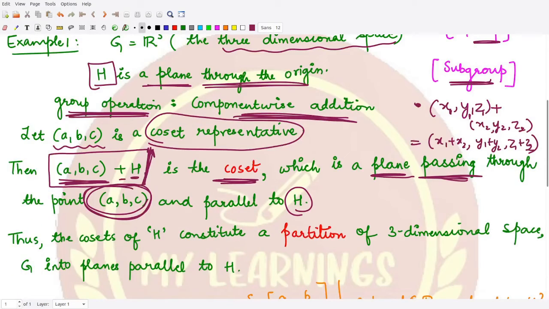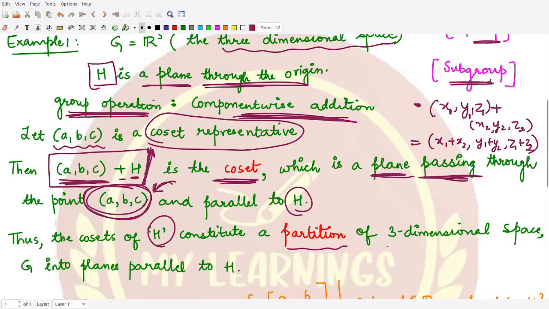That means different cosets would give us different planes which pass through the points used to create the cosets and which are parallel to H. So the cosets of H form a partition of three-dimensional space. Why?